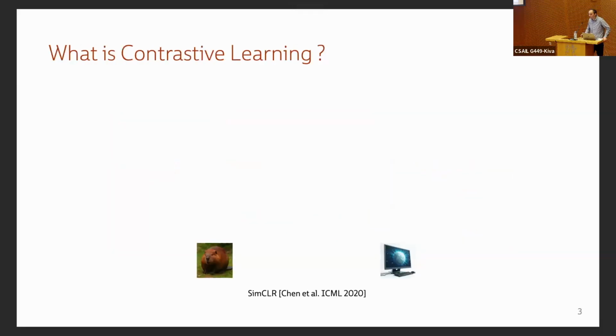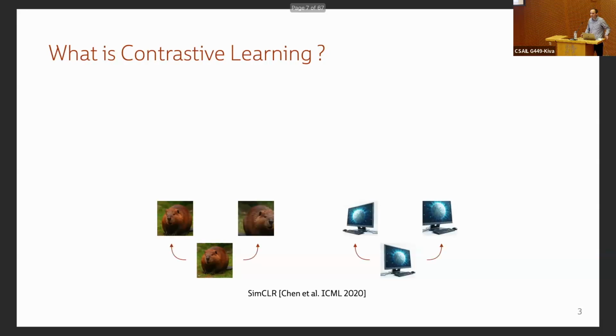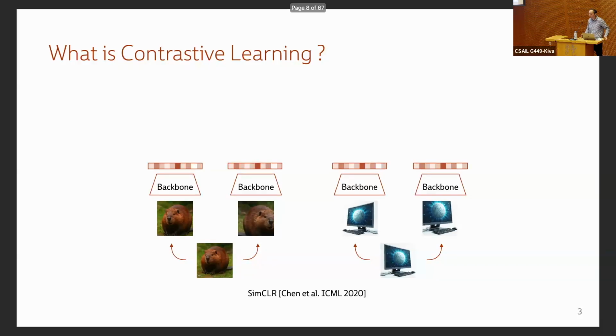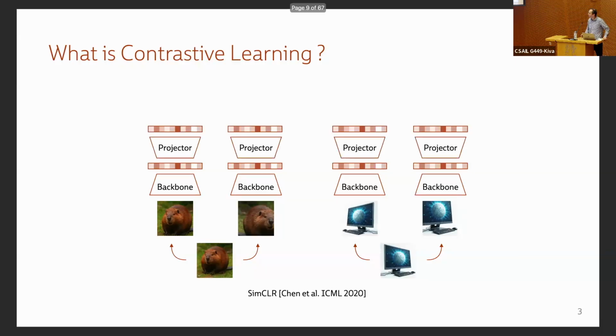In contrastive learning, we consider a pair of images, for instance, and we perform some data augmentation, like cropping, flipping, rotating, or adding some noise. Then we pass these images through our network, our deep learning model. Then we project this representation onto an embedding, and I will give some details later on about what these projectors are.